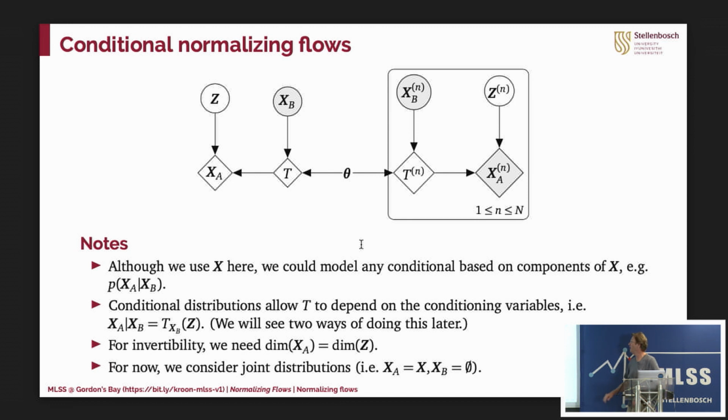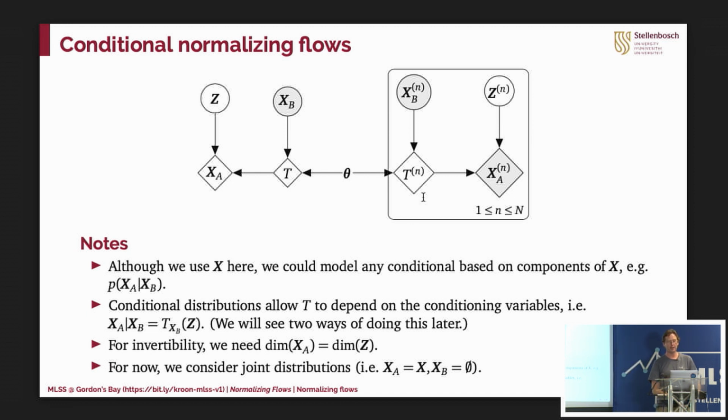Now, I said we're not going to really be focusing on the conditioning side, but just be aware that in the broader situation, we are usually dealing with conditional normalizing flows, which means that the transformation we need to apply to get a specific XA from the Z is going to depend on the XB.